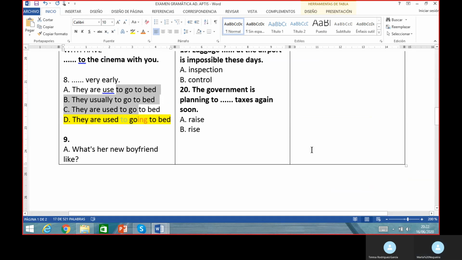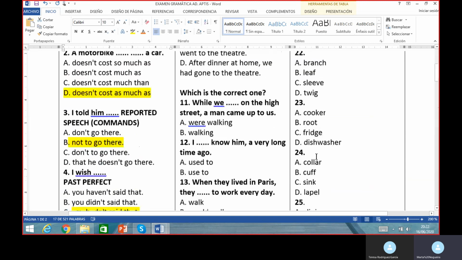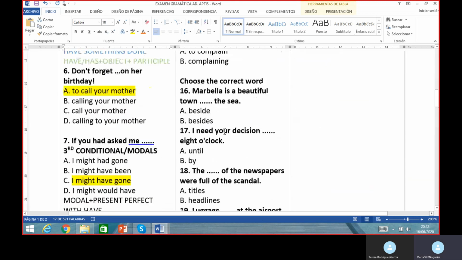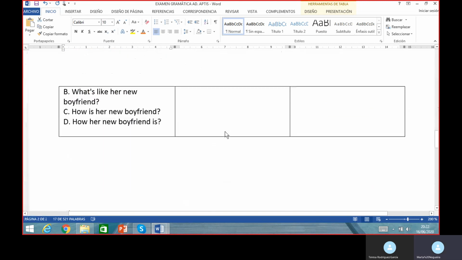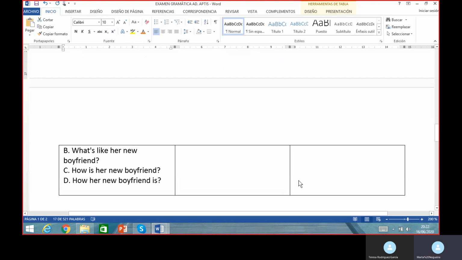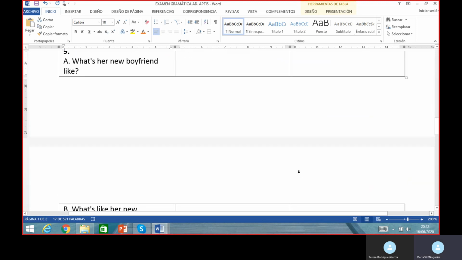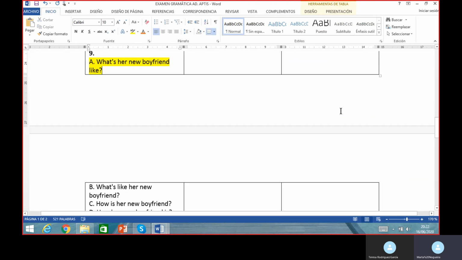9. What's her new boyfriend like? A ver. What's like, how is her new boyfriend? We would say the first, okay? This is an expression when you are describing just the physical characteristics of someone or you are asking for someone.